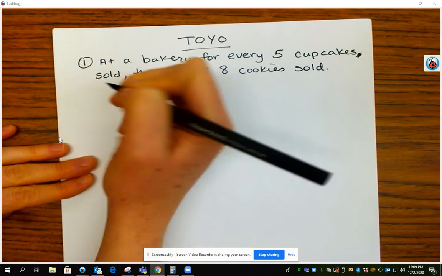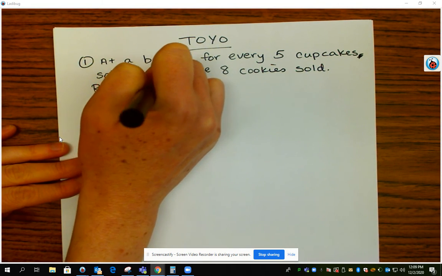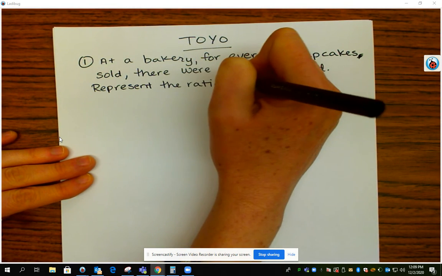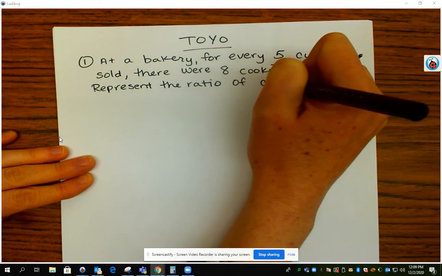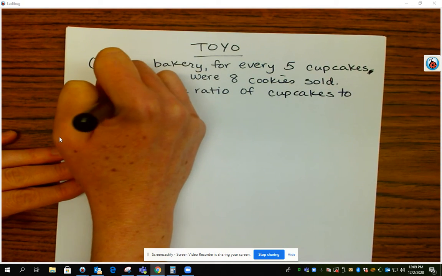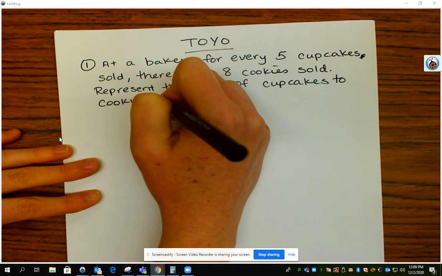And it says represent the ratio of cupcakes to cookies in 3 different ways.